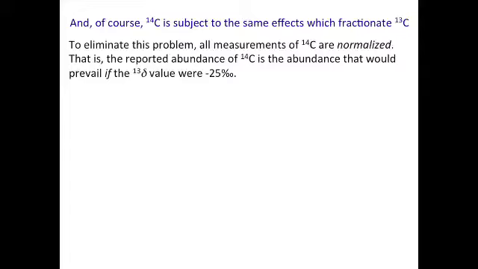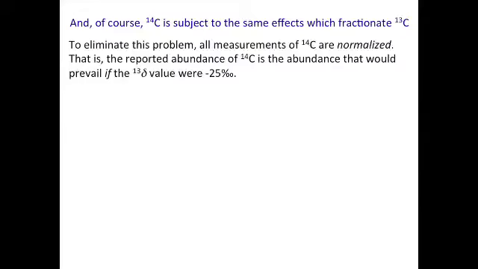It's a very useful way of eliminating the isotopic fractionation effect. If you think about it, they could normalize it to anything they wanted. They could normalize it to 0, they could normalize it to minus 50. Minus 25 they just chose as a typical organic delta value, and they normalized the carbon-14 abundances to that same level.